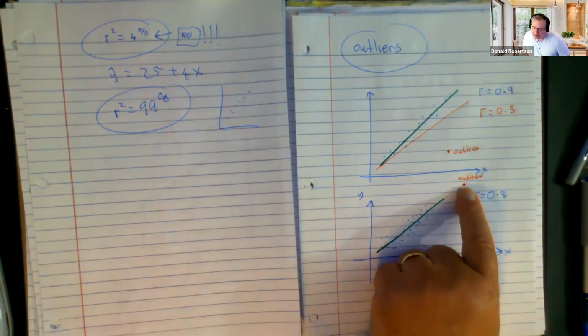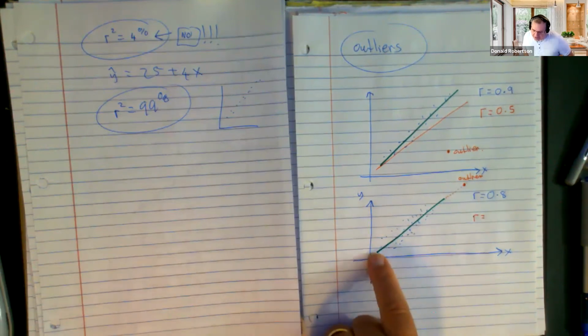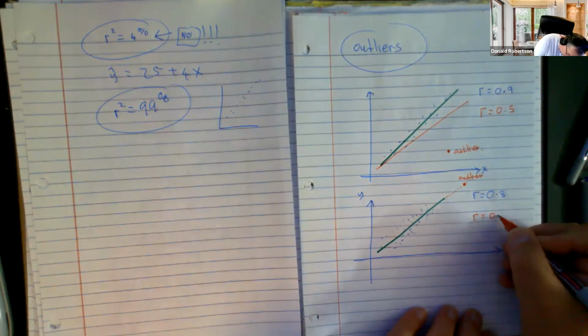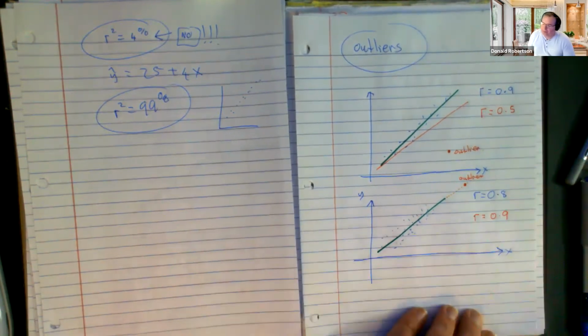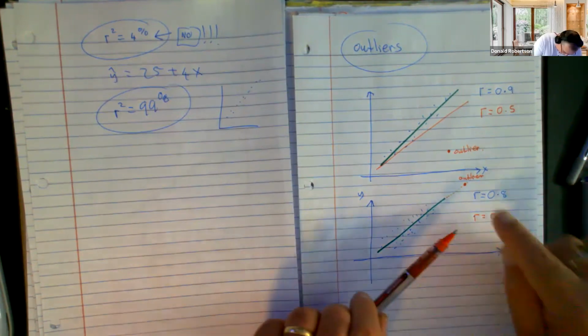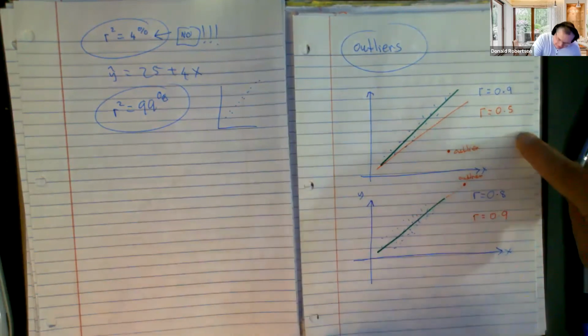That one extra outlier that's in the same direction as the rest of the data will improve the R value. And it won't improve it by a little bit, it very often will improve it by a lot, especially if that outlier is way up here where my finger is.